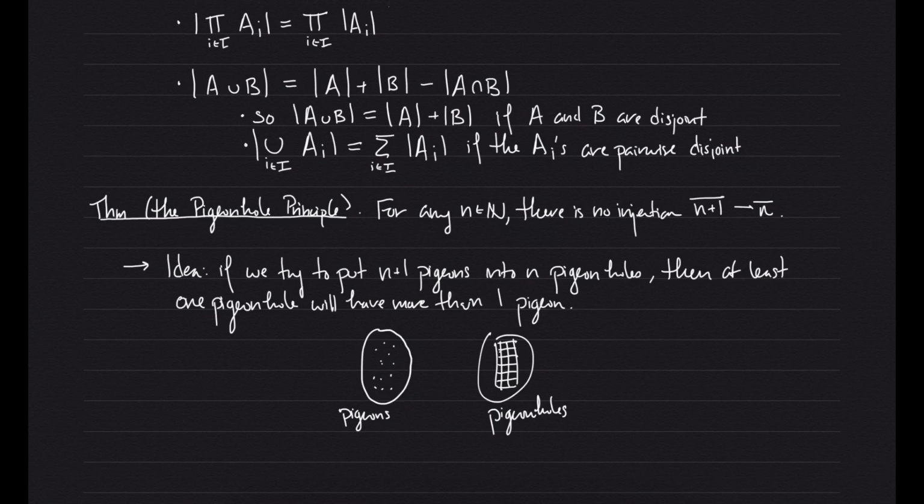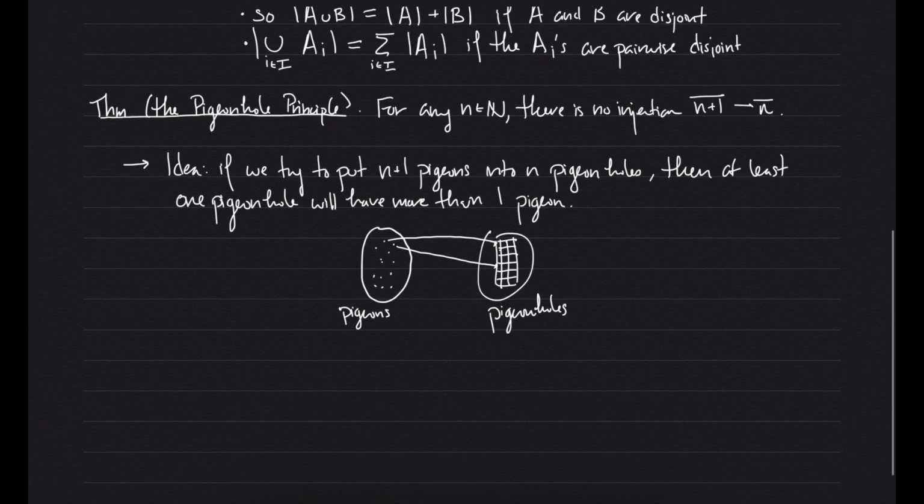If we try to construct a function from the set of pigeons to the set of pigeonholes, so we send this one to that hole and this one to that hole, and I won't try to draw them all because it'll be hard to read. But if we try to construct a function that sends each pigeon to a specific pigeonhole, and if we have one more pigeon than pigeonholes, then of course one of the holes will have more than one pigeon in it. Okay, so that's the pigeonhole principle.